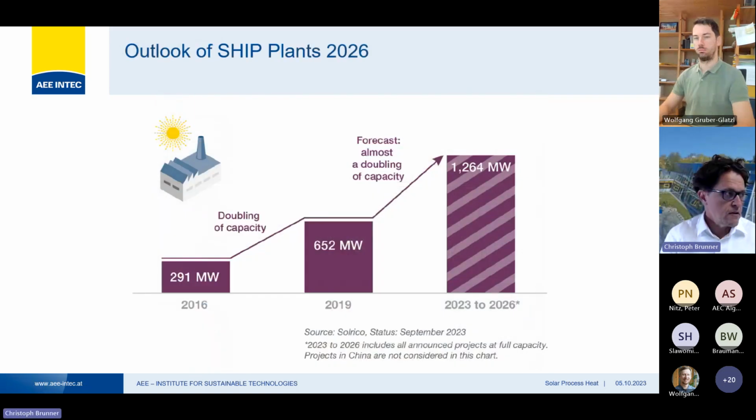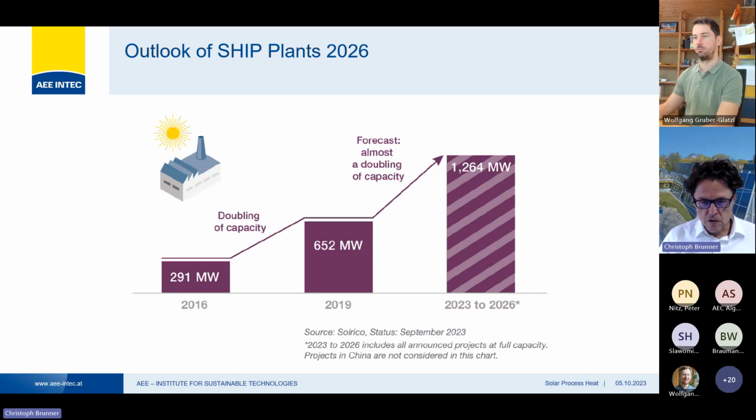There was also an outlook from the company Solrico of the different SHIP installation plans for the future. So what can be expected? How many SHIP installations should be realized in the next years?